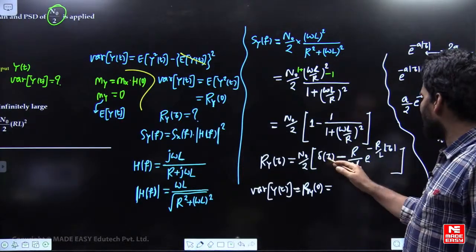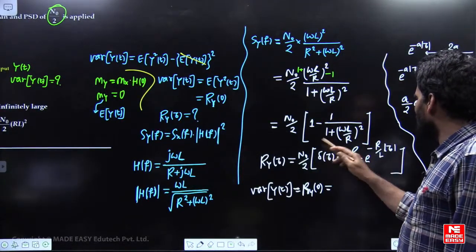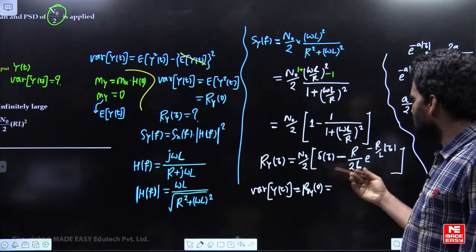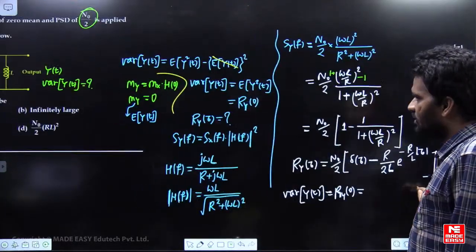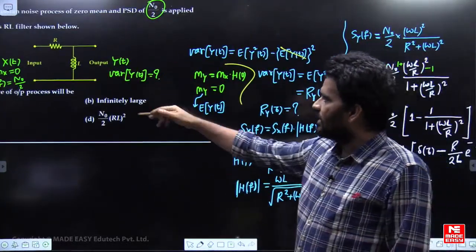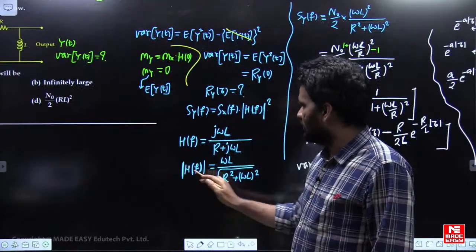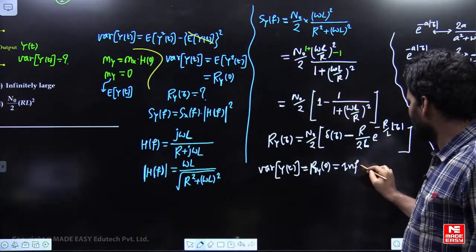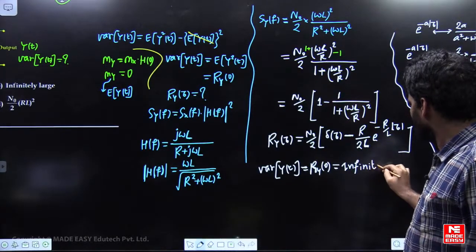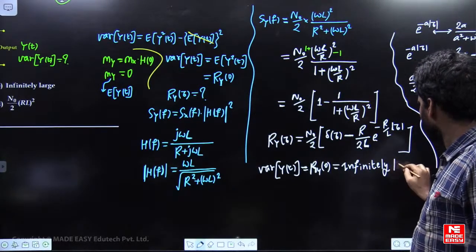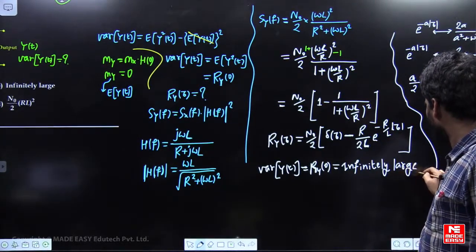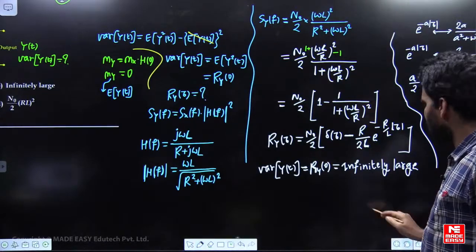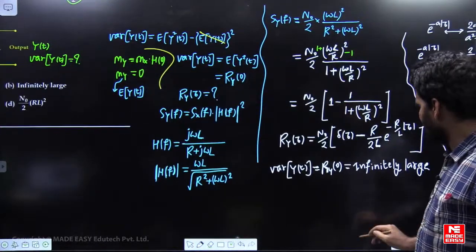Even if you subtract some value, the resultant is infinitely large, almost infinite, I can say. So this is equal to infinitely large. So option B is going to be correct.